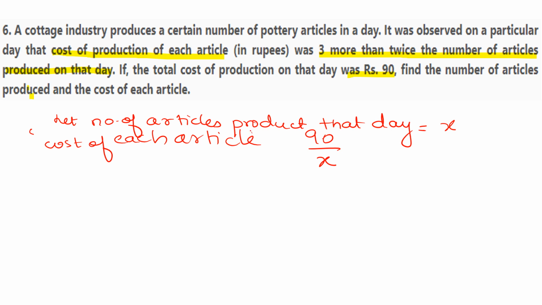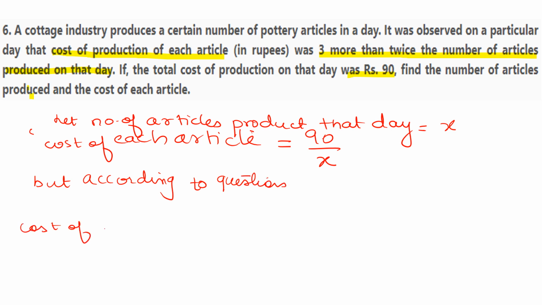So according to the question, the cost of each article is twice x and add 3. These two things we have to equate, because both represent the cost of each article. So we will get 2x plus 3 is equal to 90 by x.